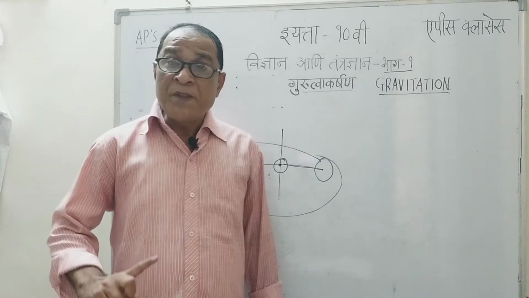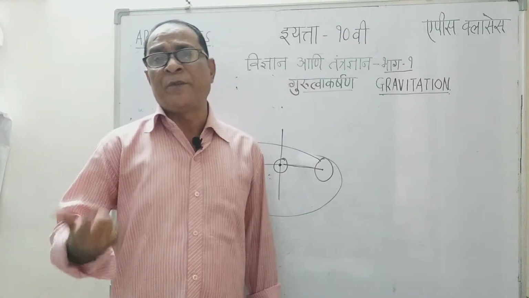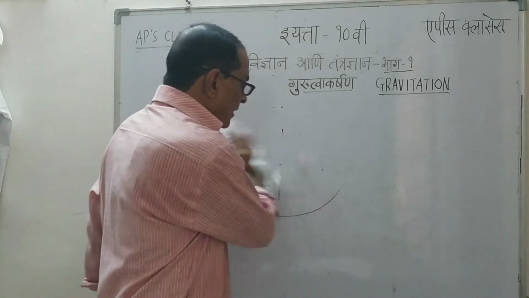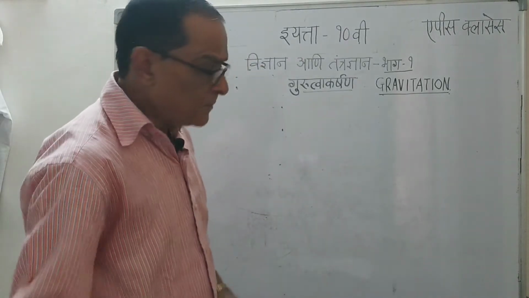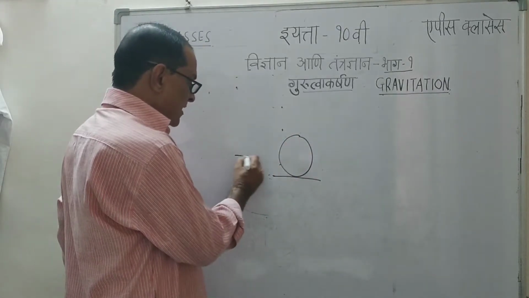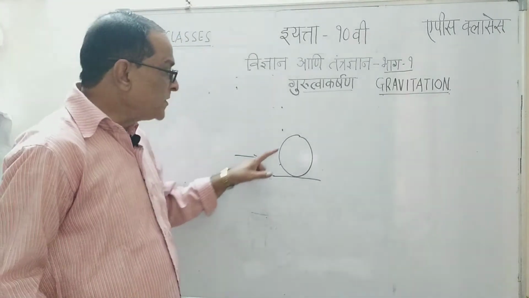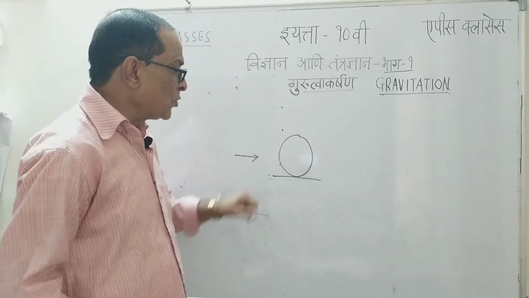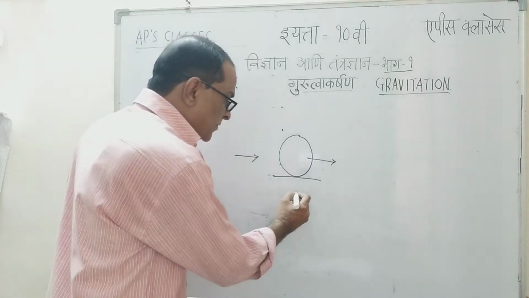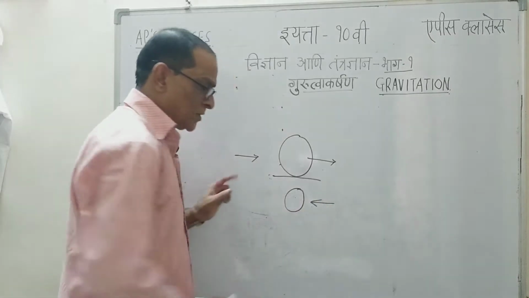Similarly, what are the effects of forces on objects? We must try to understand. For example, there is a round object lying on the earth and you apply force. If force is applied, an object at standstill will move forward, and an object that is already in motion can be stopped by force.